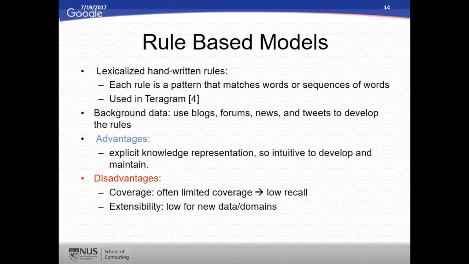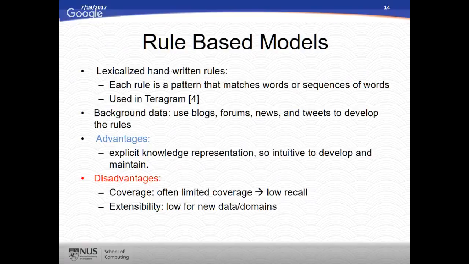In the case of rule-based models, these are handwritten rules based on the lexical presence in a piece of text. I'm not going to talk much about how the rules are formed, but there is a system used in the same SemEval task called Datagram, and it did fairly well. You have to use blogs, forum posts and customer reviews to come up with these rules on your own, and employ an expert to do this.